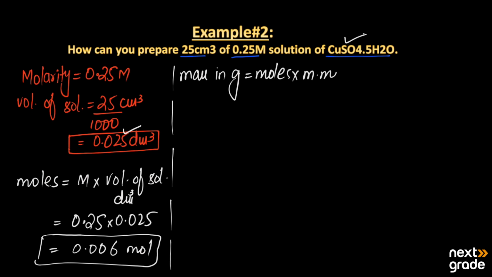Before that, we will find the molar mass of copper sulfate, CuSO4·5H2O, with 5 water molecules as water of crystallization.